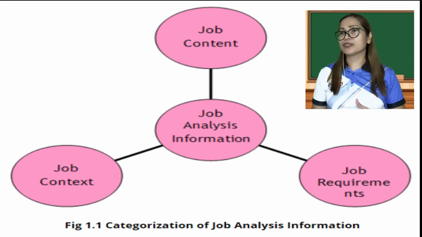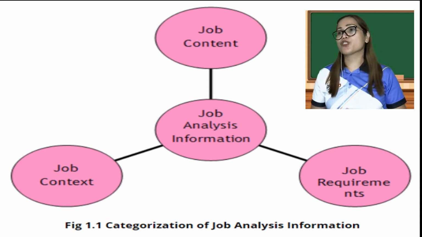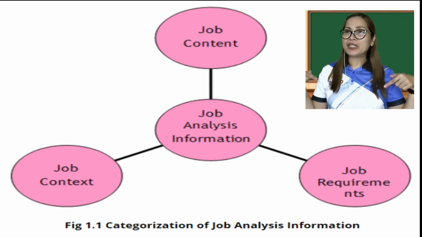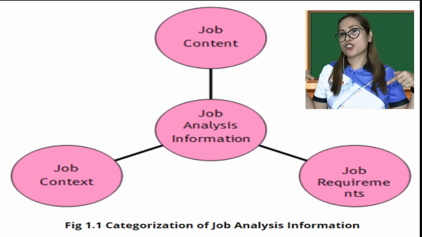Job context refers to the situation or condition under which an employee performs a particular job. The information collection will include working conditions, risks involved, whom to report to, who will report to him or her, hazards, physical and mental demands, then the last, judgment.